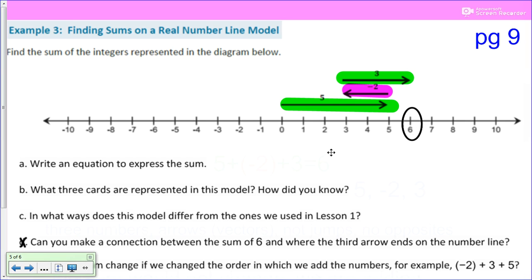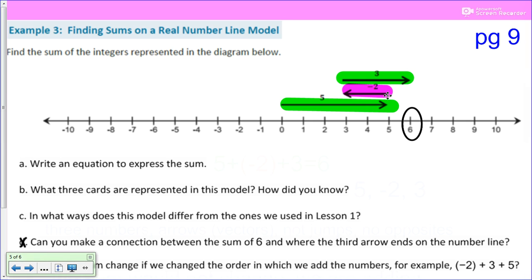Okay? And then when we go to build our equation, we always want to start with a number that is as closest to the number line as possible. So in this example here, our first number in our equation is going to be the number 5 because it's closest to the number line.